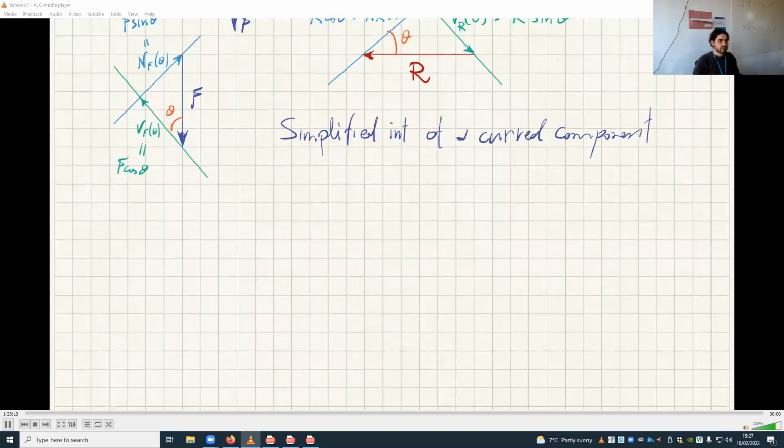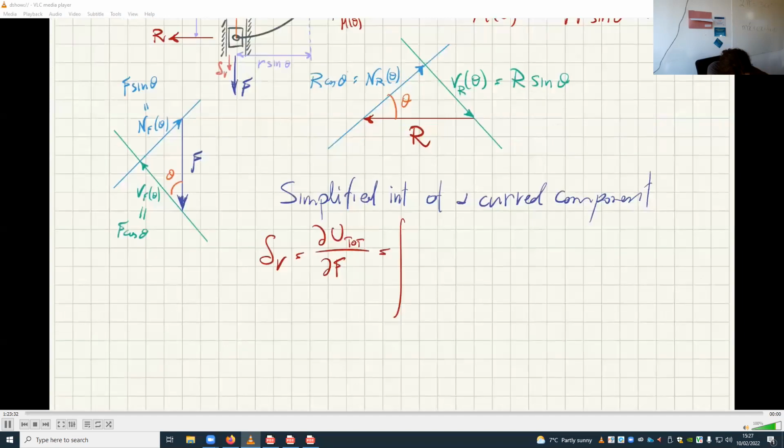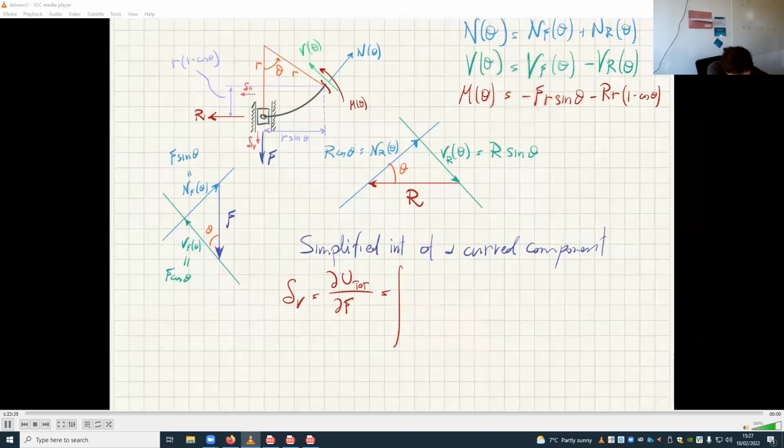Simplified integration of a curved component. So we want to find delta V, and that is equal to the derivative of U total in dF, because F is the force that goes in the vertical direction. And this gives the integral of, so now again, let's not choose anything else other than bending.